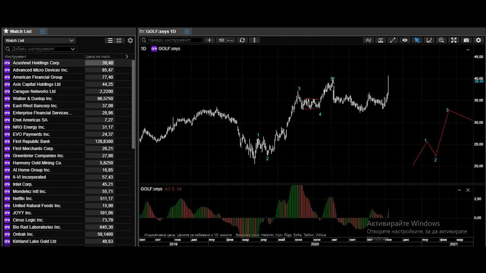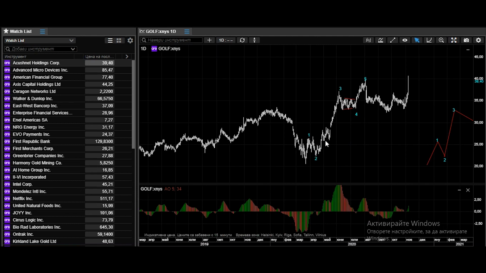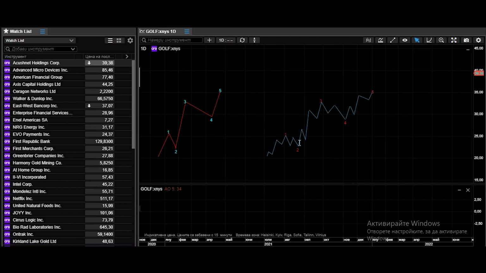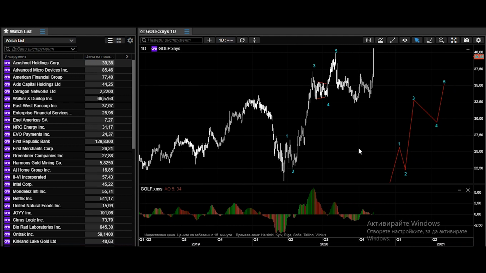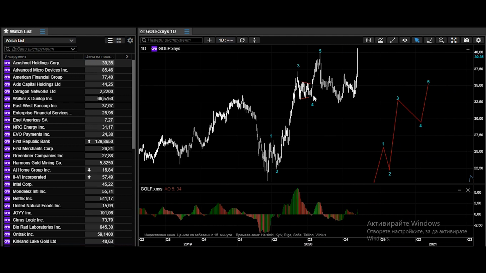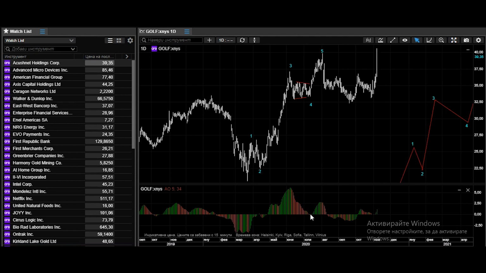As the price of the fifth wave rises, the awesome oscillator forms the same divergence. It's also important to know that in the development of the fourth wave, the indicator must always be below its zero value.